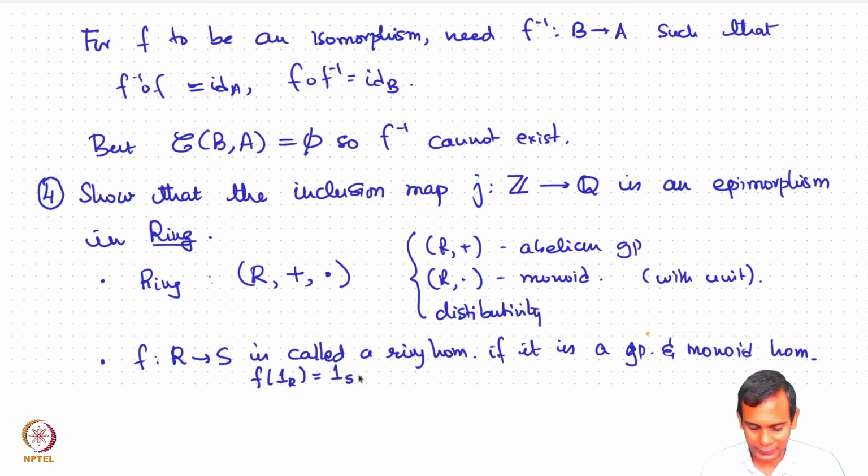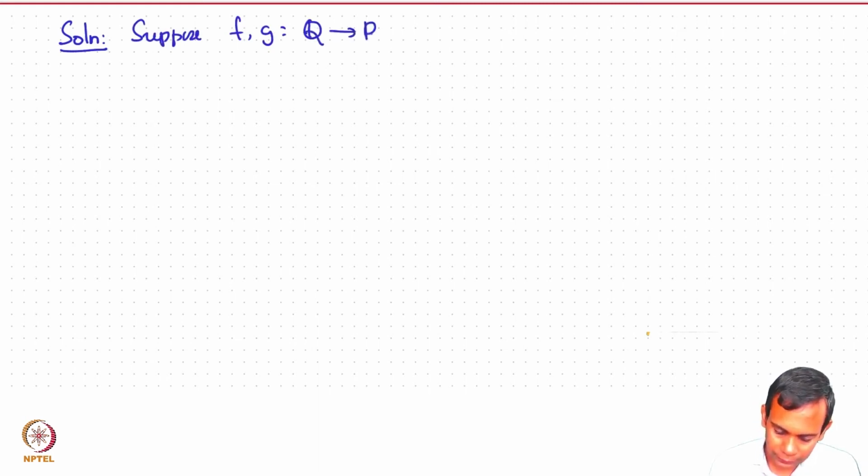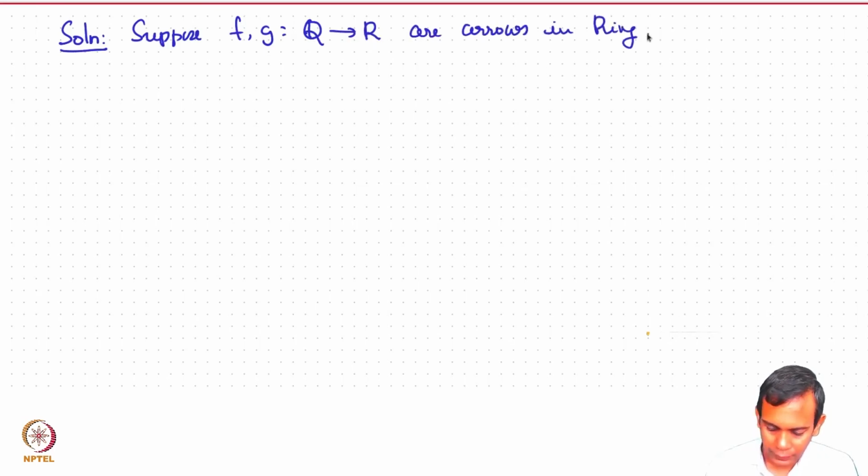It's actually quite interesting. So here's what I'm going to prove. Suppose F and G are homomorphisms from Q to R. Then I claim that F is just equal to G. So let's just see.